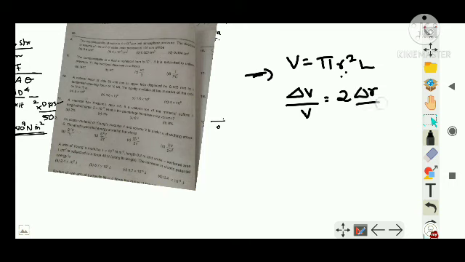So volume, I can write as pi r squared l. Let us write this l as capital L. So delta V by V, now using the error section from chapter 1, I can write 2 into delta R by R plus delta L by L. So what is Poisson's ratio?